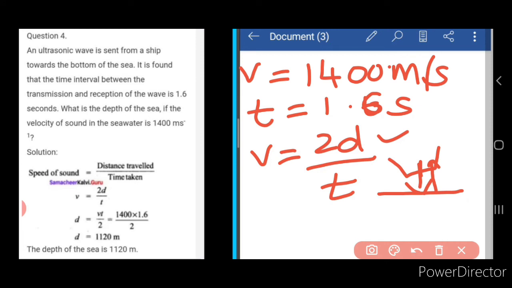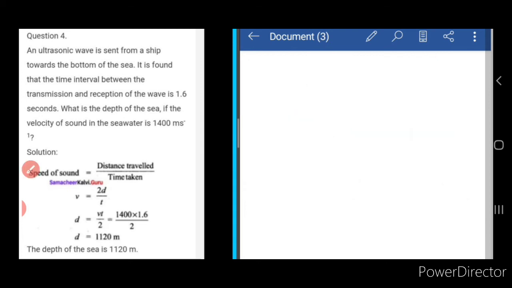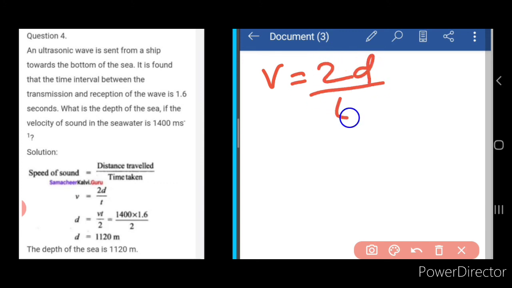So it has to touch the bottom of the sea and reach back to find out the depth of the sea. So the distance traveled is twice, so it is taken as 2D, right? So here the formula is V is equal to 2D divided by T.